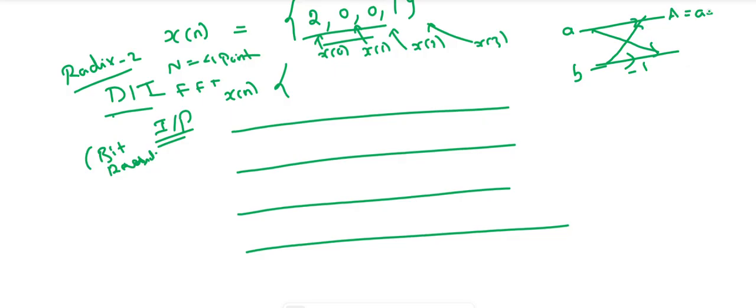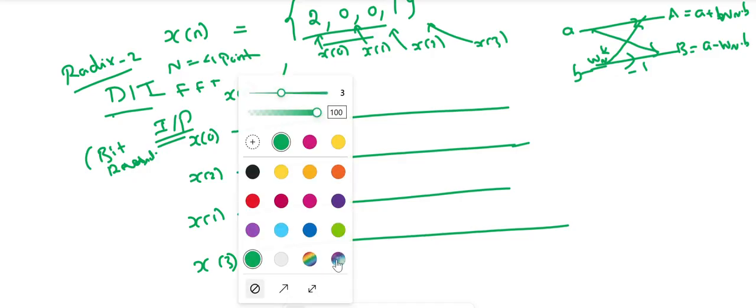A is equal to a plus W_N^k into b, where W is the twiddle factor. Similarly, B is equal to a minus W_N into b. So the inputs should be in bit reversal order: first X of 0, X of 2, X of 1, X of 3.